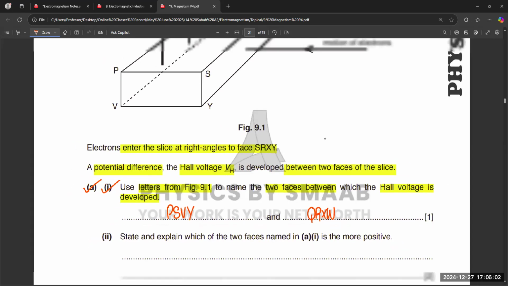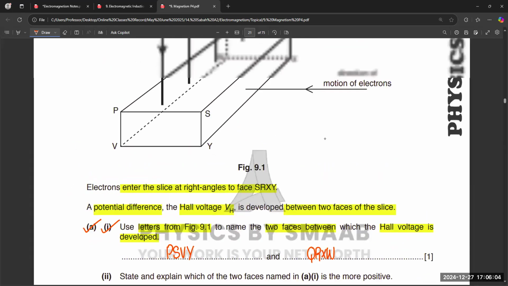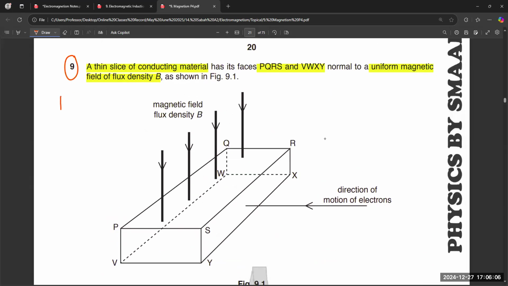So definitely, if we use the left hand rule, what happens? The magnetic field is acting in a downward direction and the current moves from right to left, the conventional current. So by using the left hand rule, the force will be into the paper.